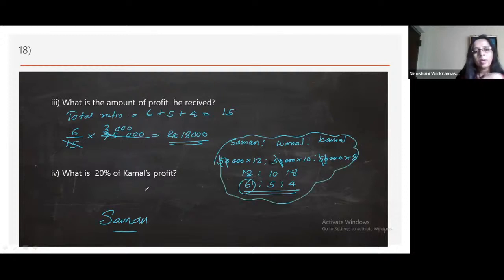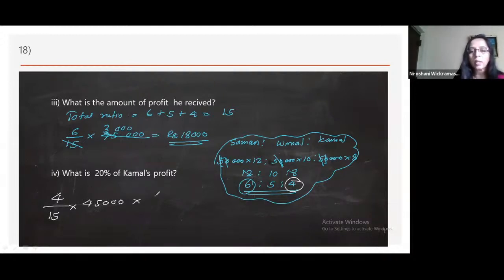What is 20% of Kamal's profit? First of all, we have to find Kamal's amount, right? Kamal's part is 4 over 15, and the profit is 45,000. From that, they are asking for 20%. Then 20 over 100.